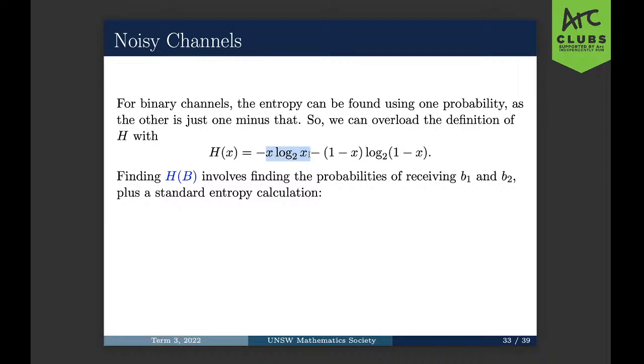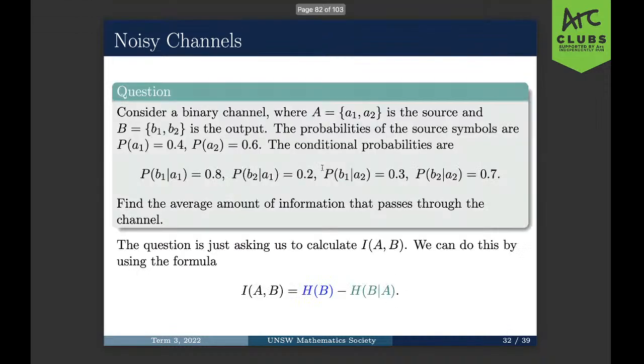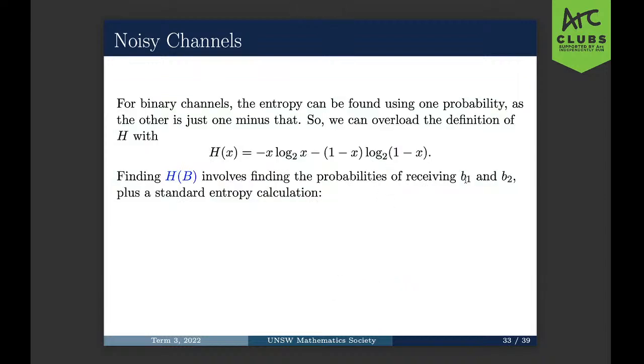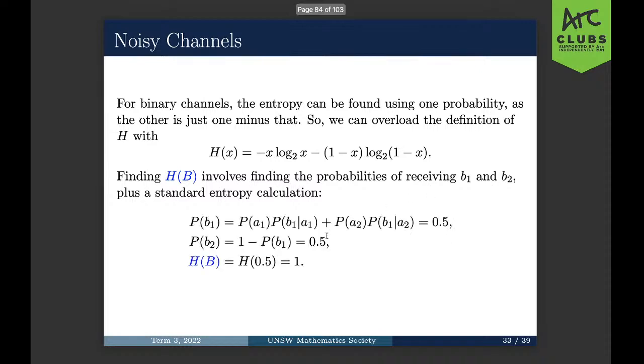It's the information of the first symbol plus the information of the second symbol. And back to the question, finding the sink entropy, which is this part that we needed here. That's going to need the probabilities of receiving B1 and B2, as well as a standard entropy calculation based on those. So we just use Bayes formula. Well, not Bayes formula, is it? I don't think it's called Bayes formula, but something similar.